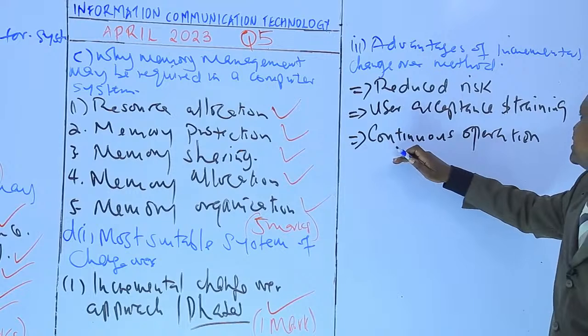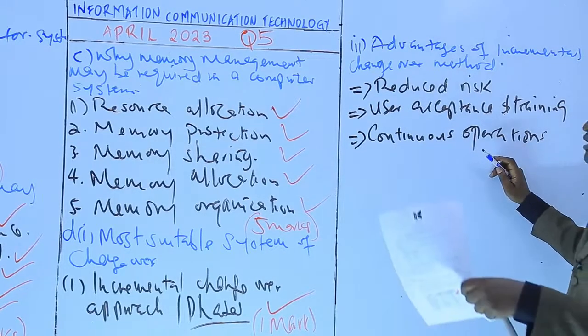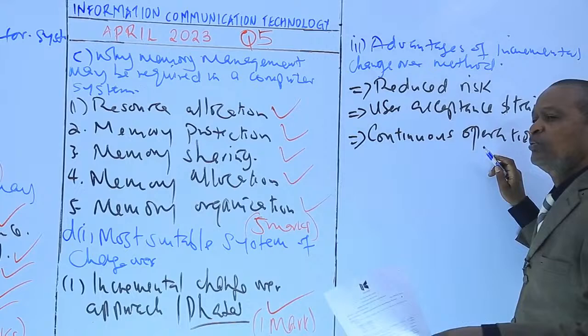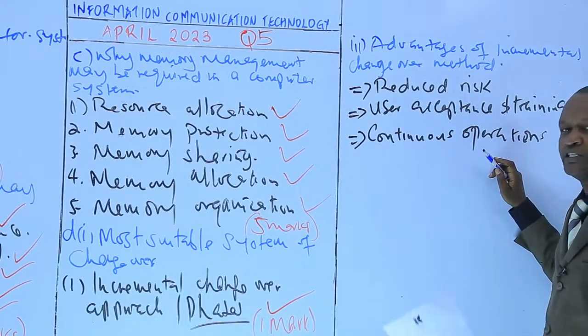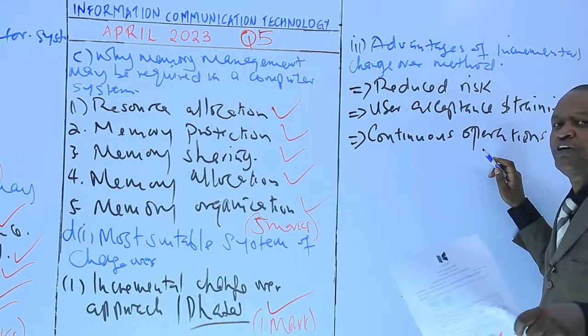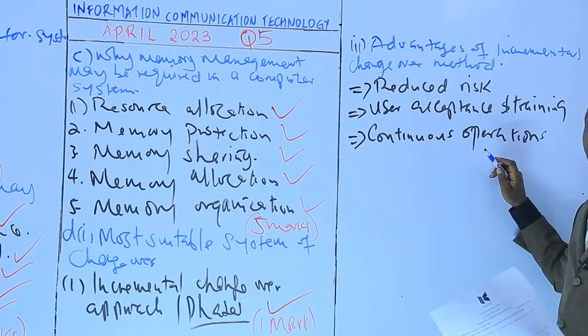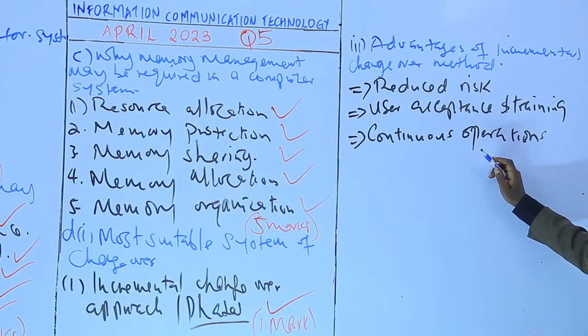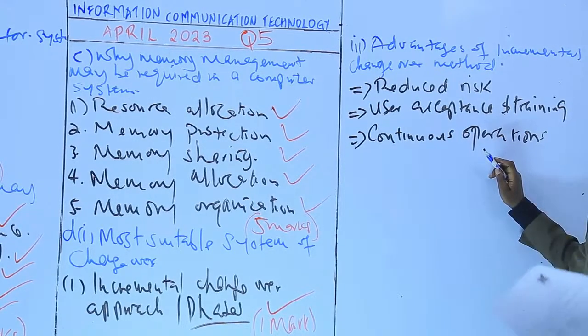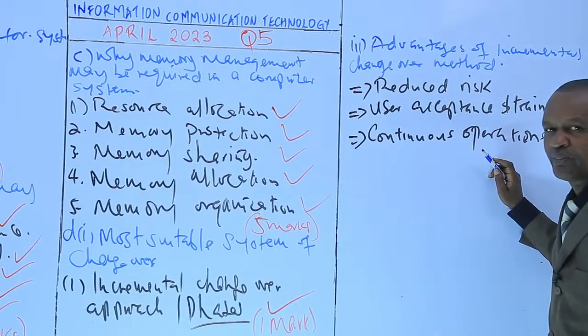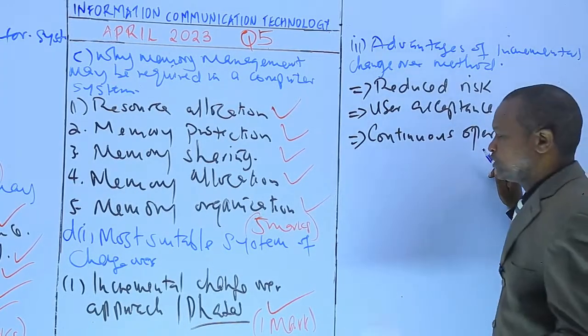The new system runs parallel with the existing system, which minimizes disruption. Do you understand? Why? Because critical functions can still be performed using the old system while gradually transitioning to the new system.